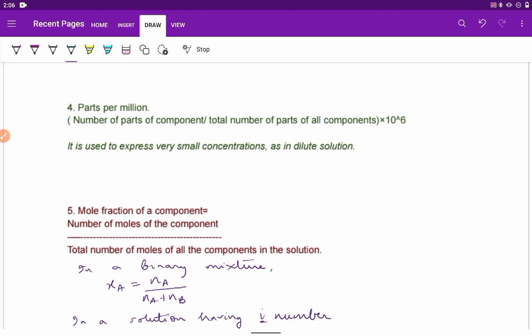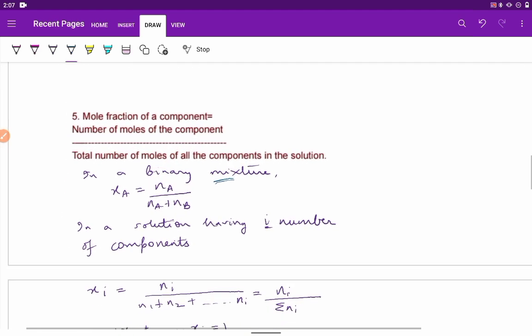Next is mole fraction of a component. It is number of moles of the component divided by total number of moles of all the components in the solution. So if there is a binary mixture having two components A and B, then mole fraction XA is given as Na divided by Na plus Nb, where Na is the number of moles of component A and Na plus Nb is the total number of moles of the components A and B in the solution.